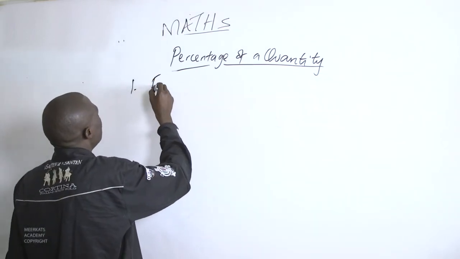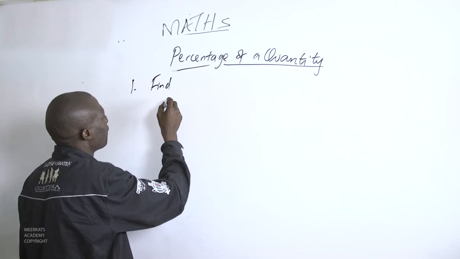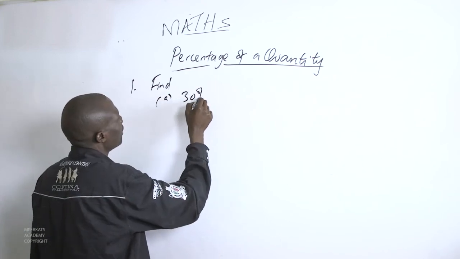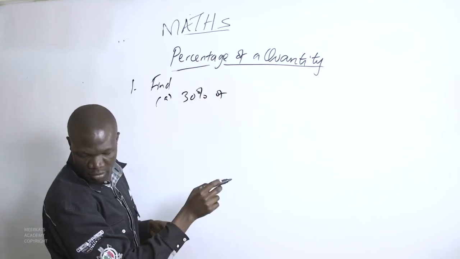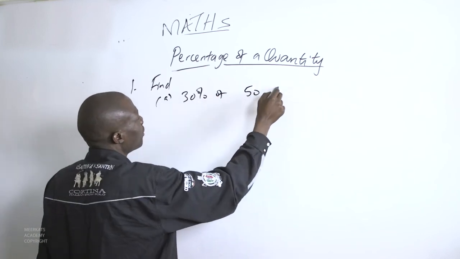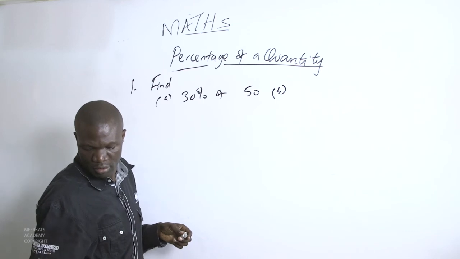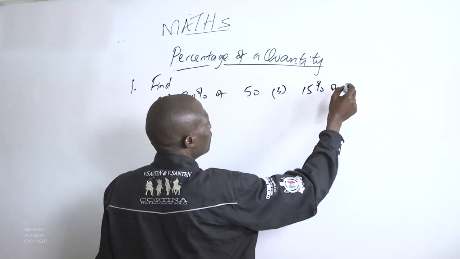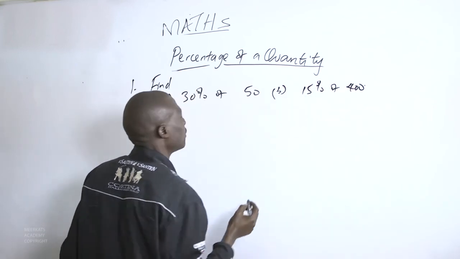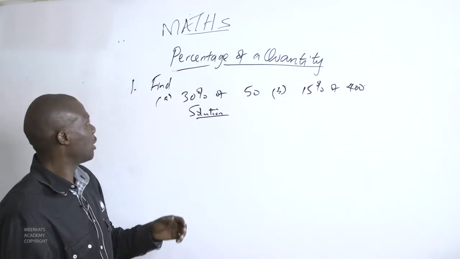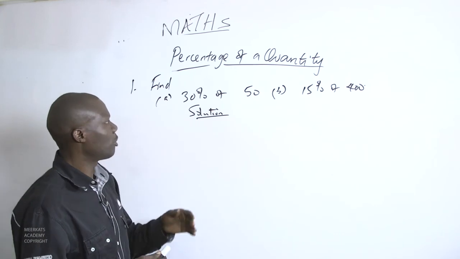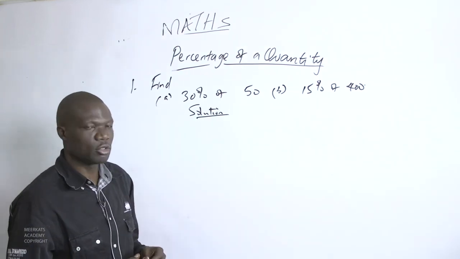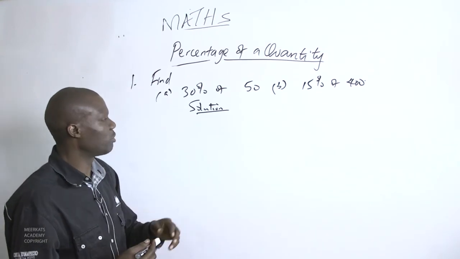Question 1: find (a) 30% of 50 and (b) 15% of 400. In our problem, we've been asked to get 30% of 50.